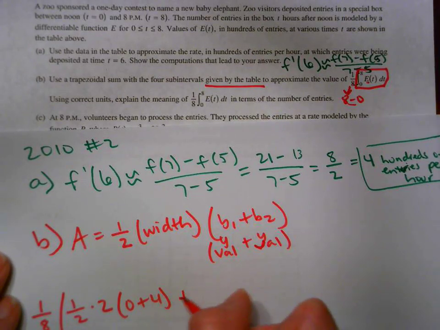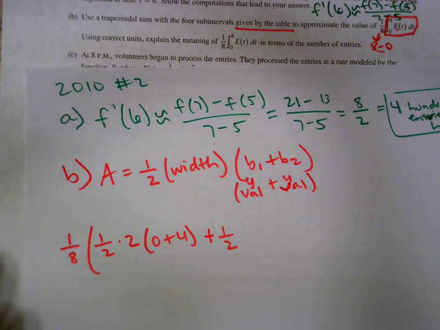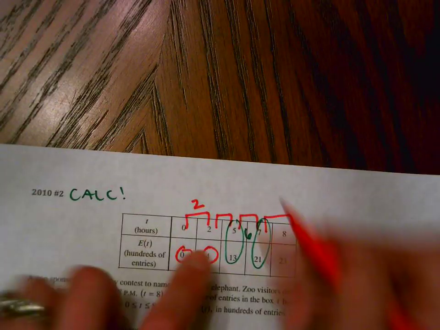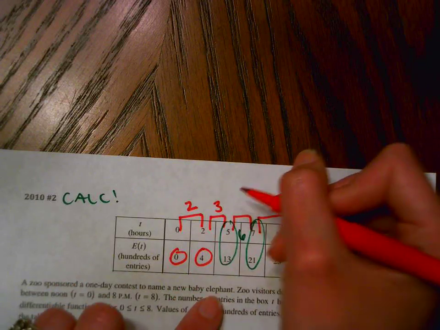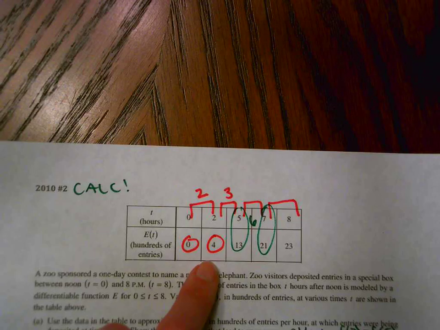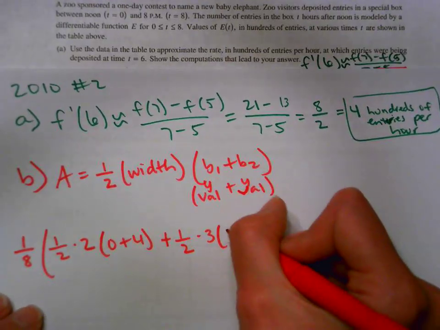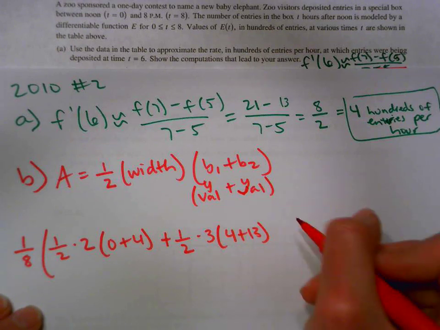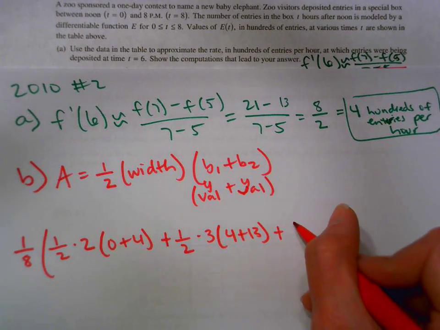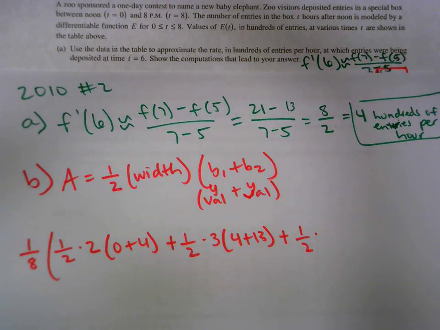And then you're going to do plus the next trapezoid, which will be 1/2 times its width. The next one goes from 2 to 5, so the width is 3, times its y values, 4 plus 13. Plus, now you've got to do the next one, 1/2 times, I'm going to stop going back to the table because I feel like it's getting confusing.